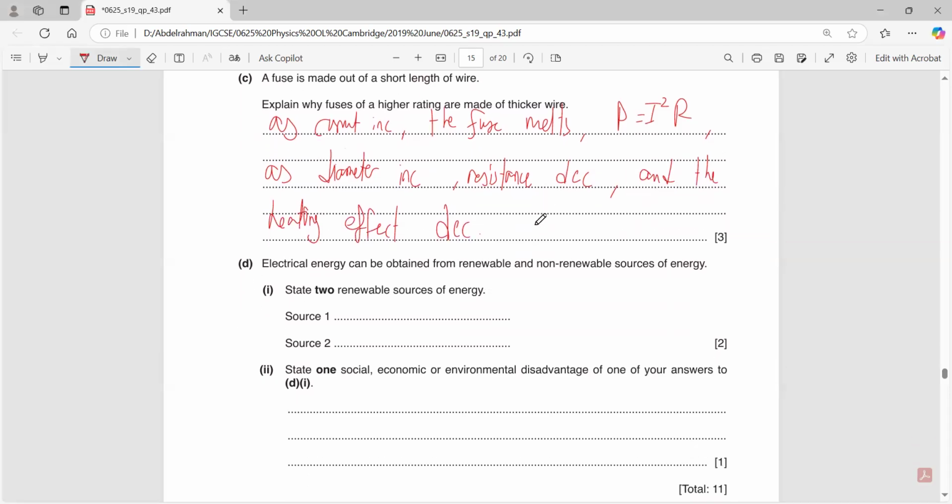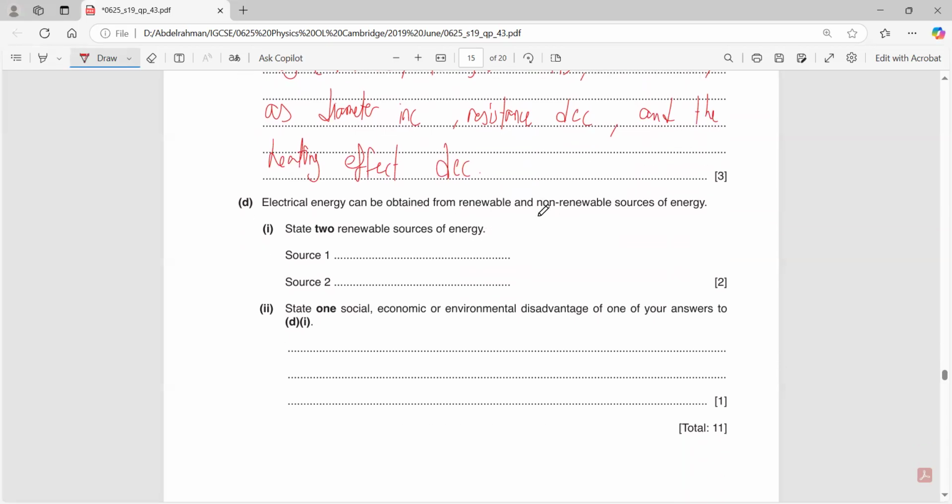Electrical energy can be obtained from renewable and non-renewable sources of energy. State two renewable sources of energy. For example, solar, hydroelectric. State one social, economic, or environmental disadvantage of one of your answers.